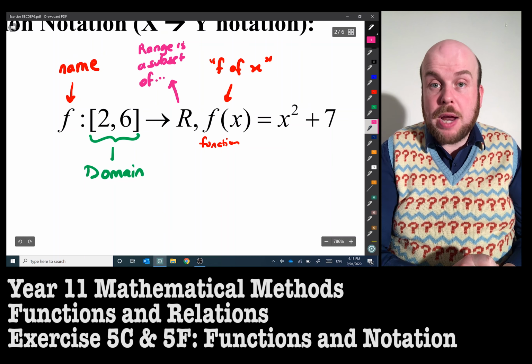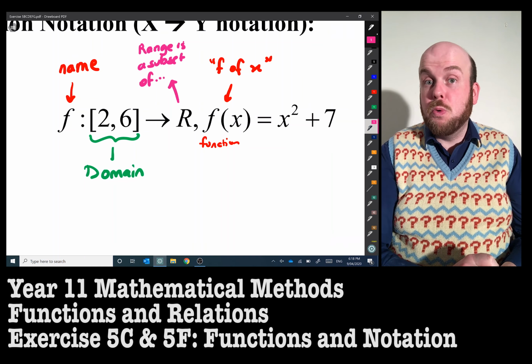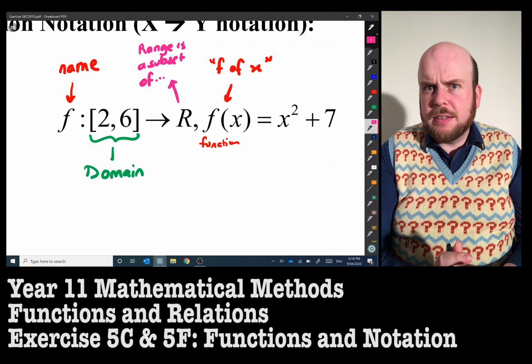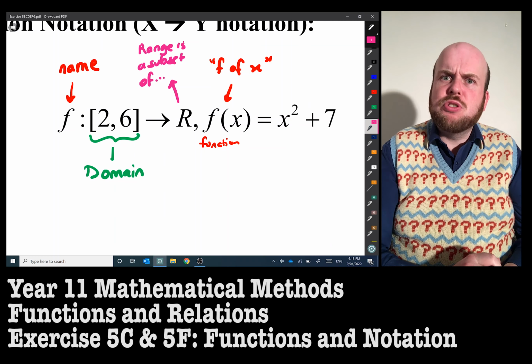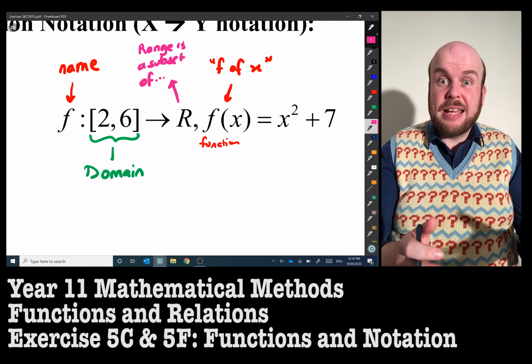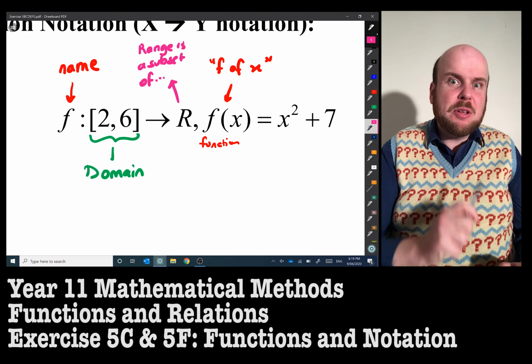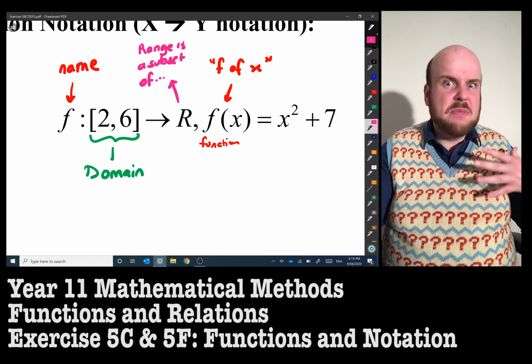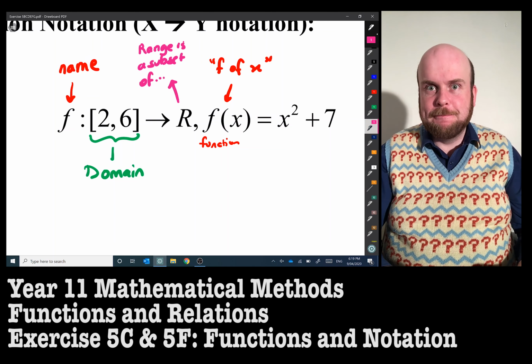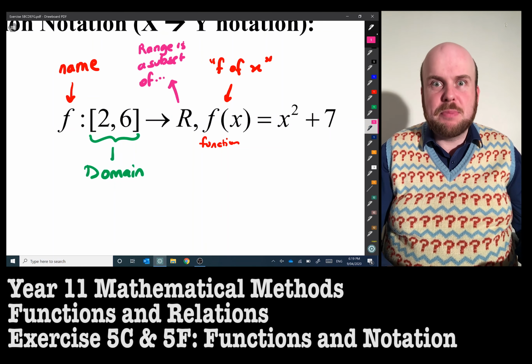So it's just saying that the range is considered to be part of all real numbers, which makes a lot of sense, unless we're dealing with strange complex numbers or something like that. All it's saying is, oh, by the way, the range, which I'm not going to tell you, is considered somewhere on the number line. Thanks, maths. Really appreciate it.